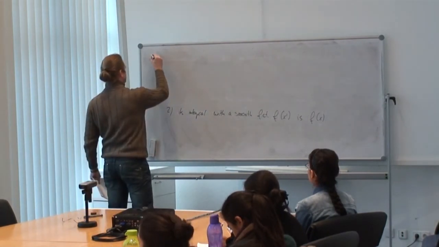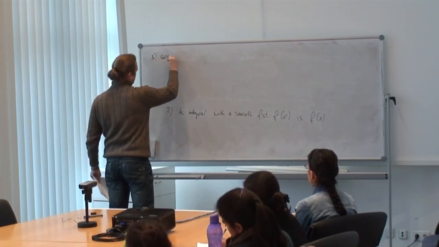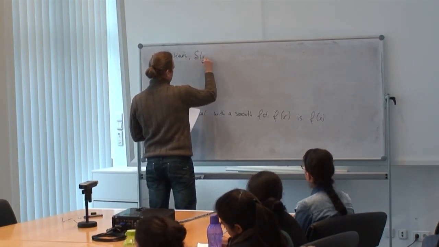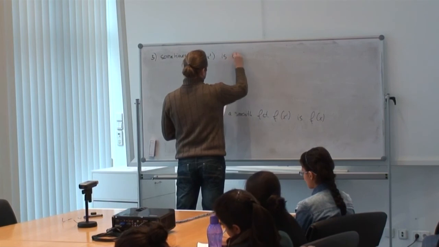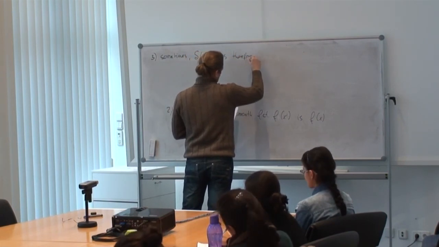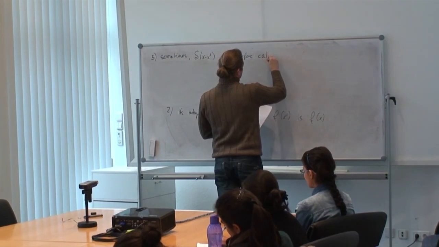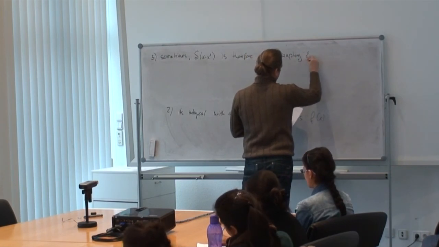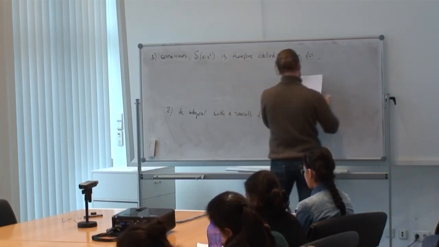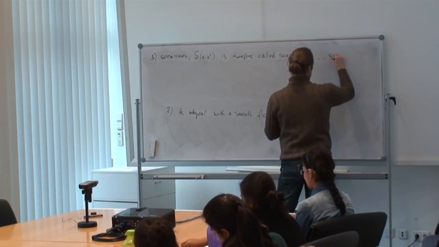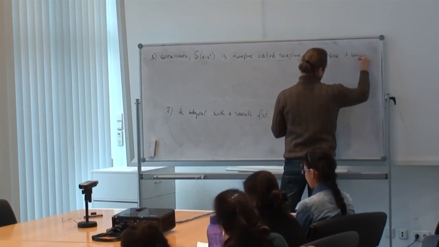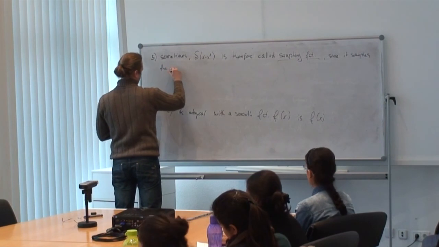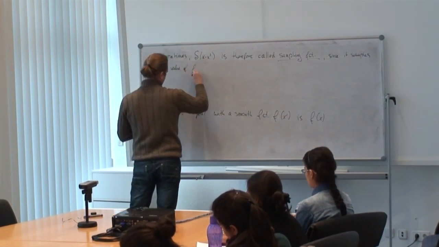That is to say, third, sometimes delta x minus x prime is therefore called the sampling function, because it samples the value of the function f of x prime.